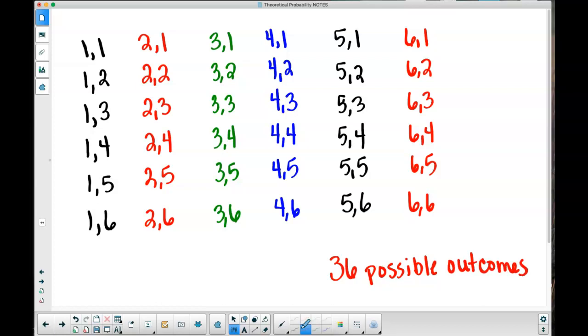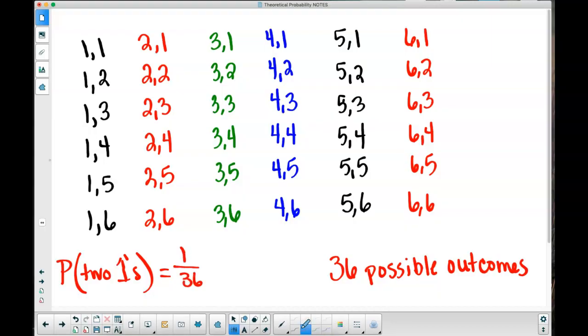So if I said, what's the probability of rolling 2 ones? How many of those outcomes are 2 ones? The probability of 2 ones would be what? Caleb: 1 out of 36.